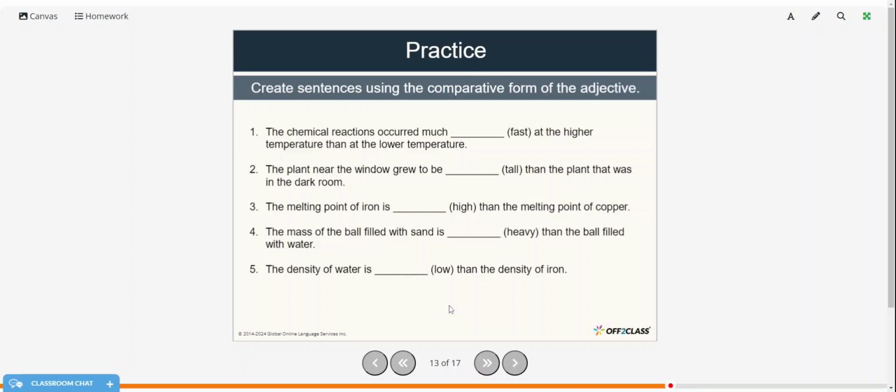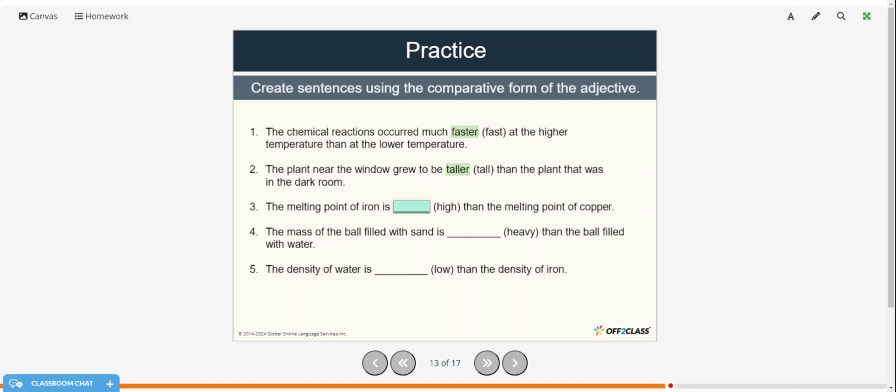So create some sentences using the comparative form of the adjective. The chemical reactions occurred much faster at the higher temperature than at the lower temperature. The plant near the window grew to be taller than the plant that was in the dark room.